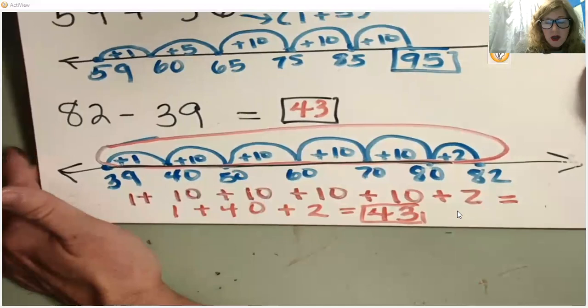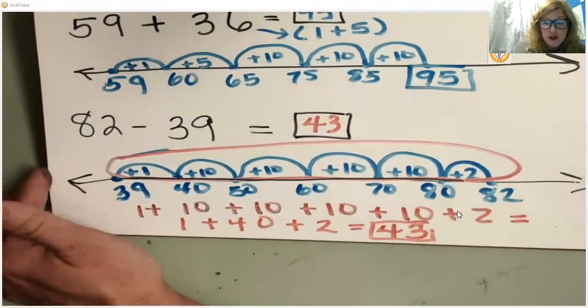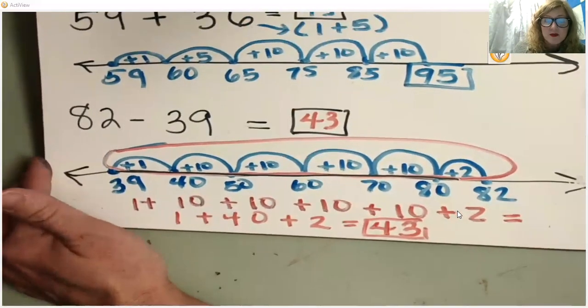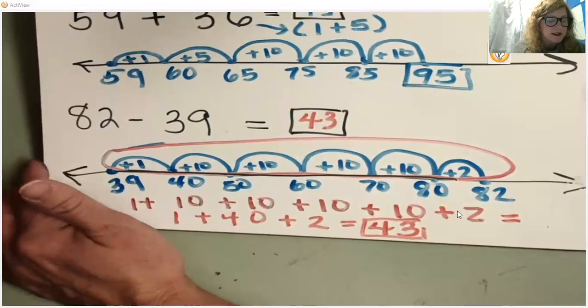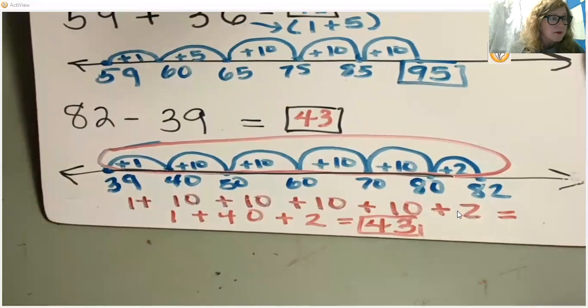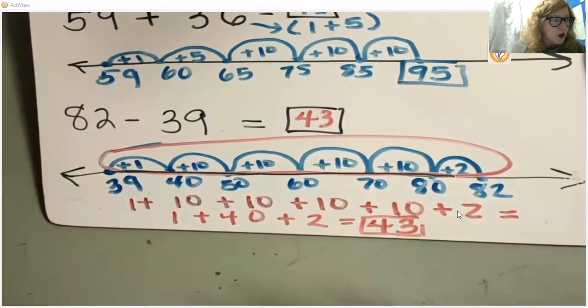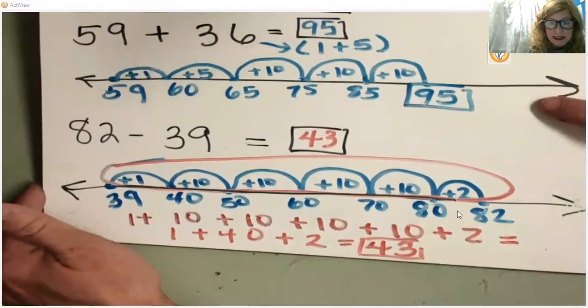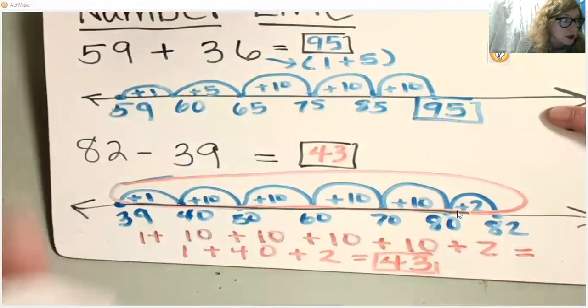Now, I want to talk about explaining answers in words, because when we explain it in words, sometimes we're not quite sure what to do. We can do it on paper, but we're not sure how to explain it with actual words.